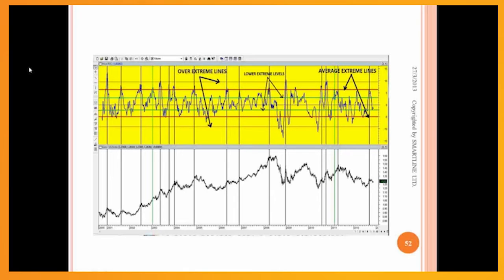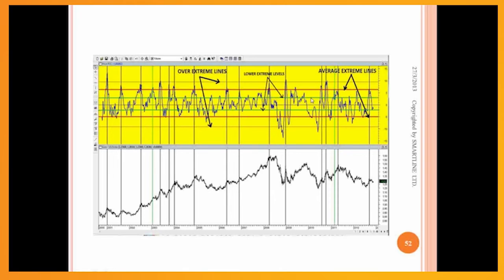Every instrument has its own limits. Using the price rock, we can see that we have three lines. We have the over extreme line, which is the level where the oscillator is reaching its own over extremes. Then we have another line that we put on the average extremes, and another line that is the lower extremes, right?